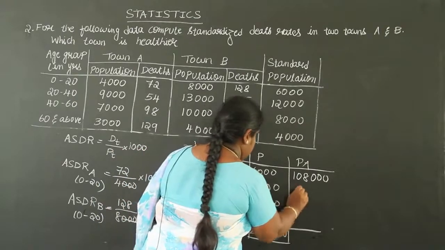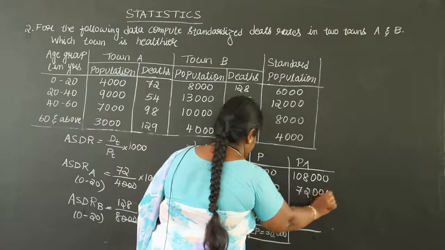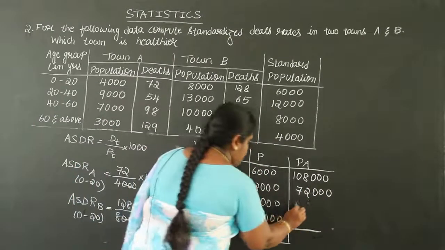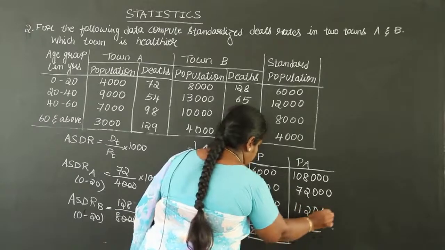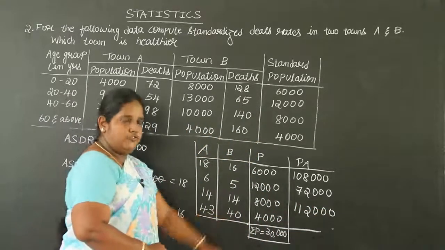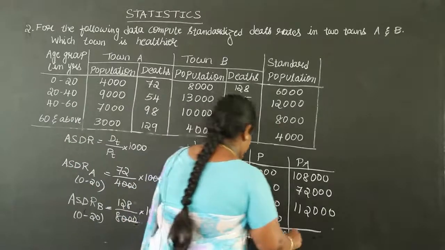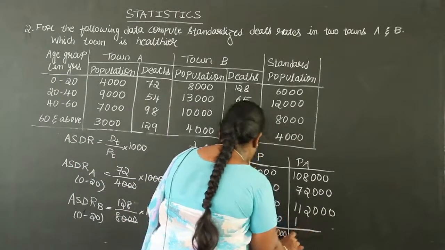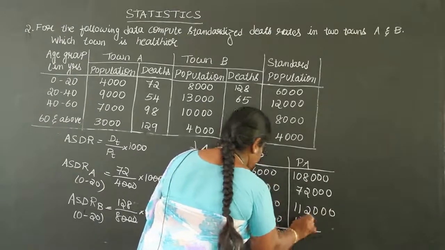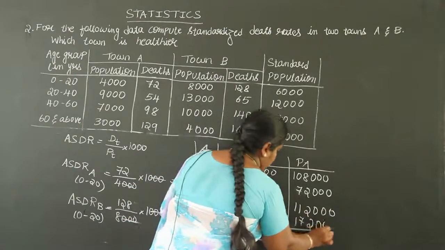Sorry, it is 72,000. Then 14 into 8, 112, and then 3 zeros. 43 into 4, again it is 172,000.